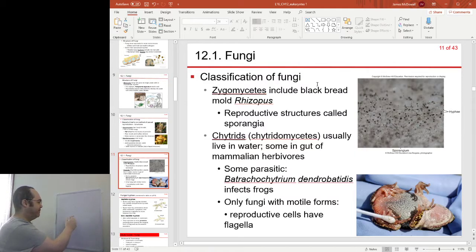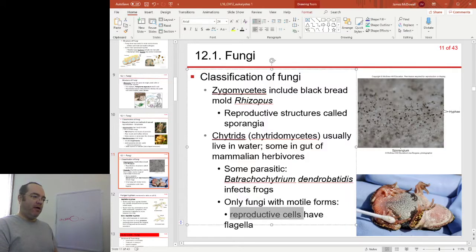Our chytrids have mobile forms. Their sex cells, their reproductive cells have flagella, and those flagella spin around and propel the cell through its environment. Now, flagella only work in water, so again the relationship between the flagella of the reproductive cells and the place that the chytrids live is quite evident.